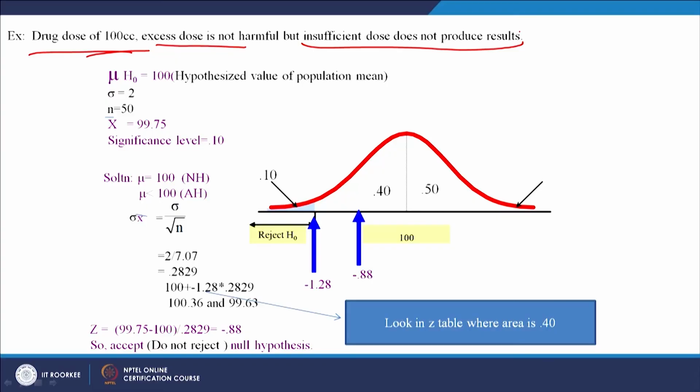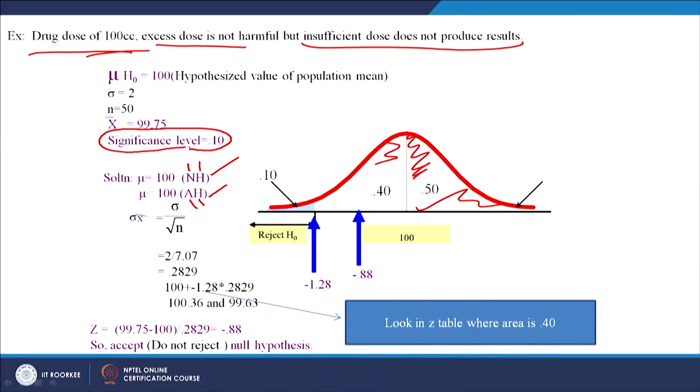So, this is your null hypothesis and this is your alternative hypothesis. Since this is a case of one tail test, this 50% area is here and this side is the remaining 50% area. Significance level is 10%.